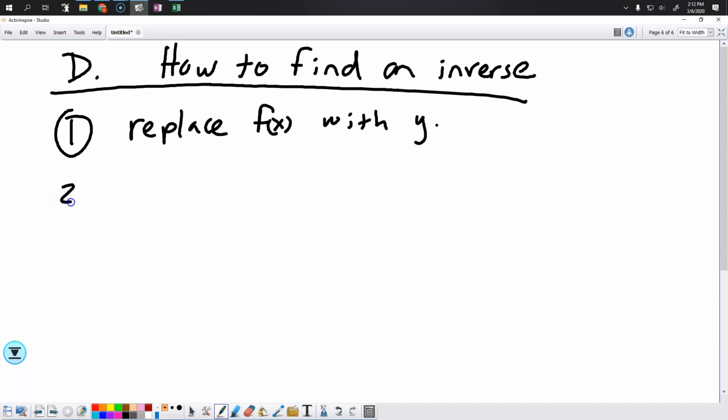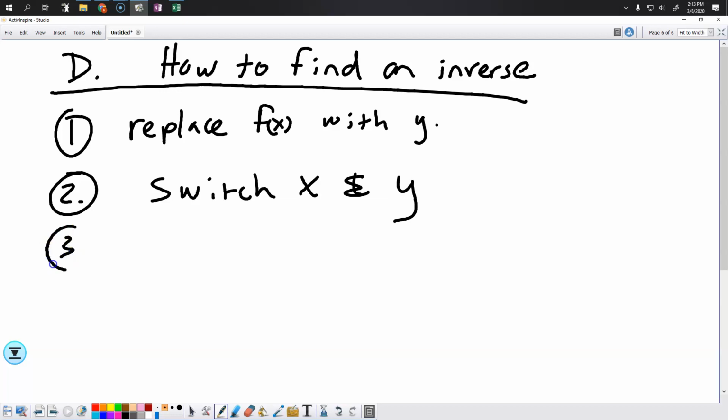So, step 2. This is the main step. Switch x and y. Switch x and y. After you switch x and y, we're going to get y by itself.